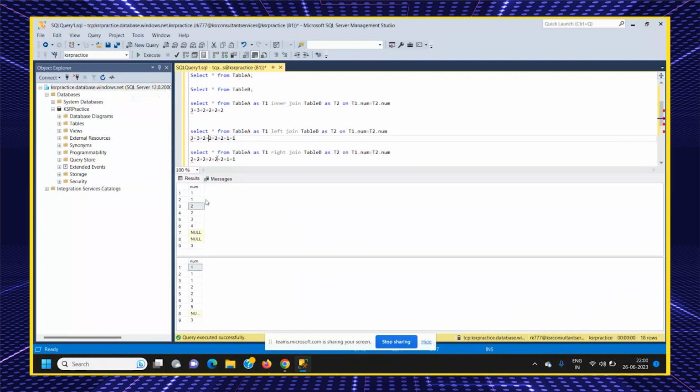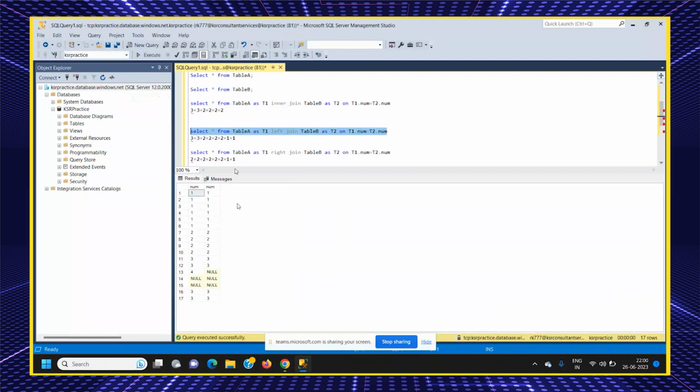For every two, we have two similar records. For every three, we have two similar records, and every null would act independently. So in case of left join, 17 records would be present, and the count of 4 also would come into picture as it is part of the left table. So total 17 records.